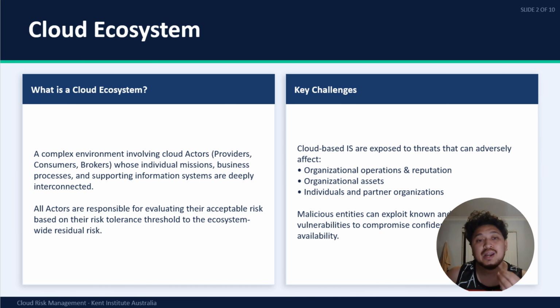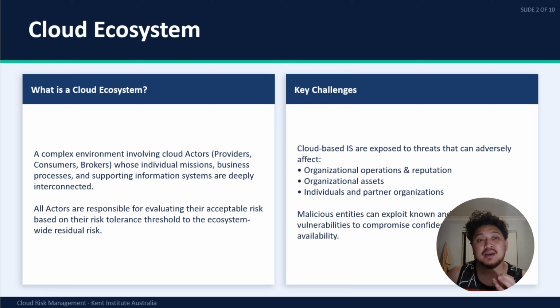First, we need to know what exactly a cloud ecosystem is. A cloud ecosystem is not simply a server sitting in a data center. It is a complex, interconnected environment made up of cloud actors: providers, consumers, and brokers, each with their own mission, business processes, and supporting information systems. What makes this ecosystem unique is that all these actors are deeply interdependent.